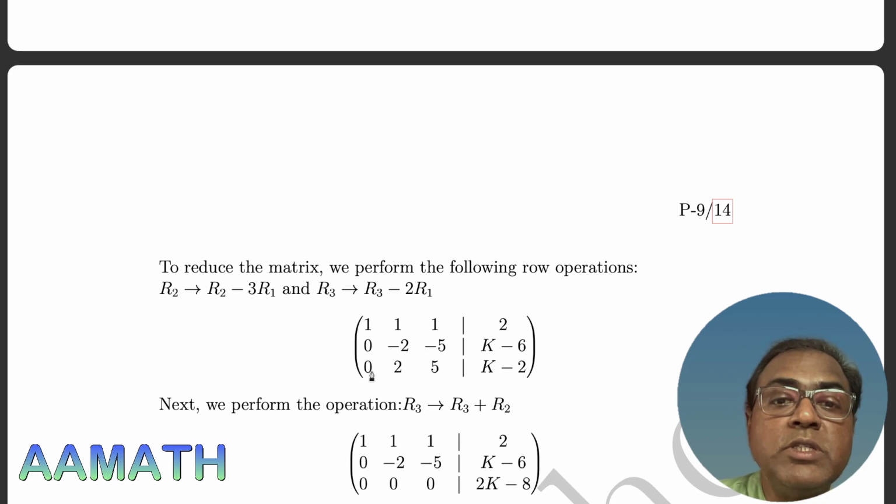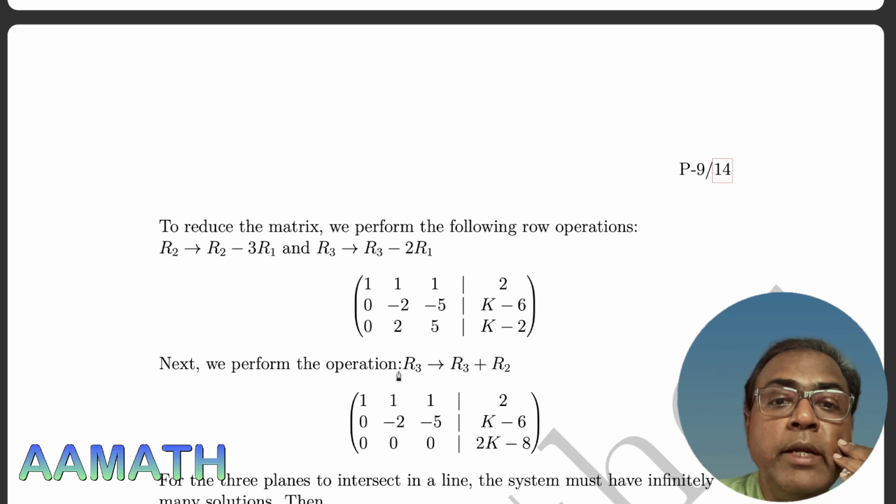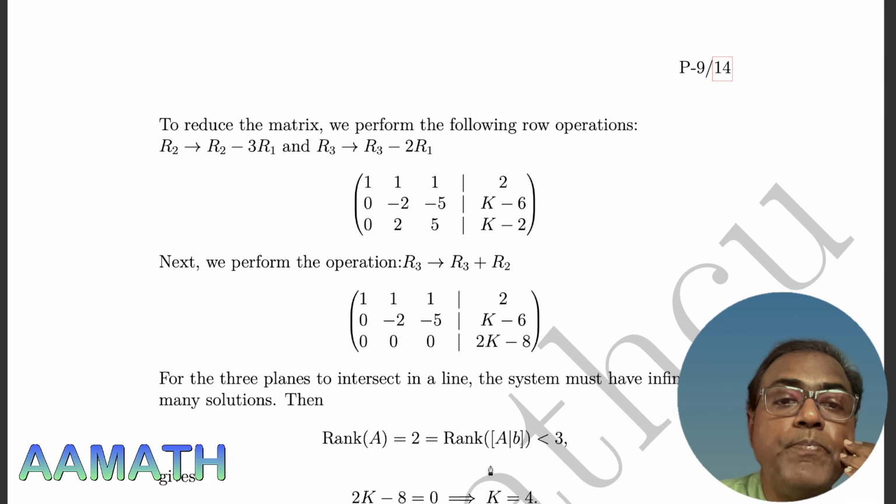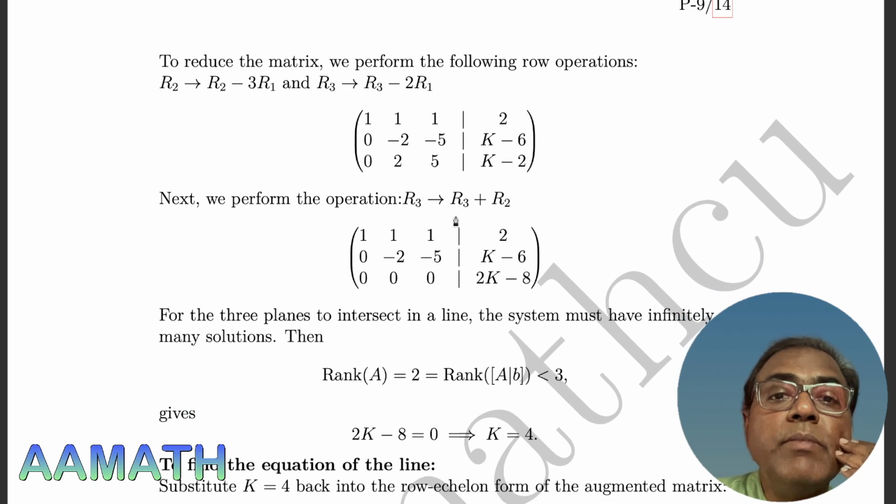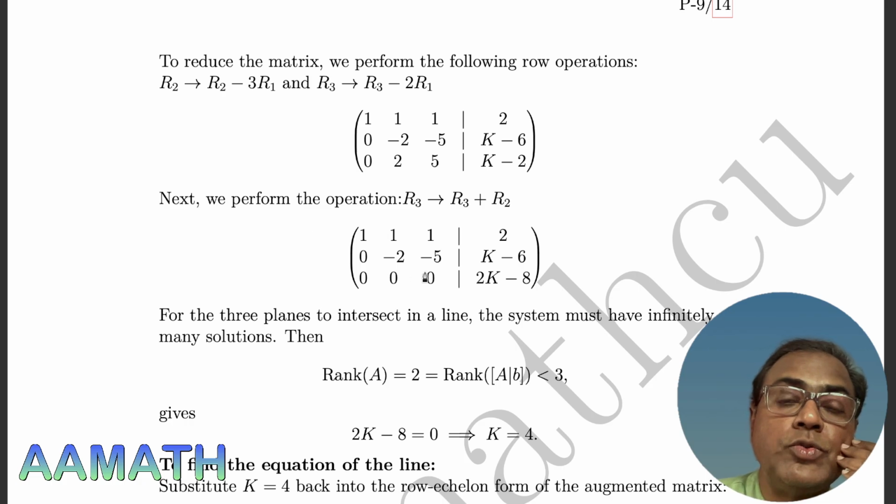Next we perform the operation new R3 equal to old R3 plus old R2, and by this operation we get 0 and 0 in these positions. Clearly, for this coefficient matrix there are two non-zero rows, with only one zero row. So the rank of A equals 2.